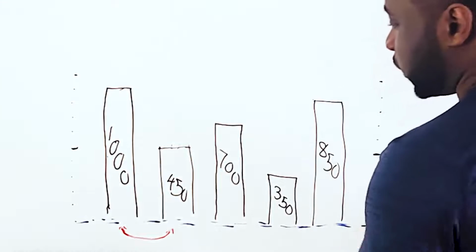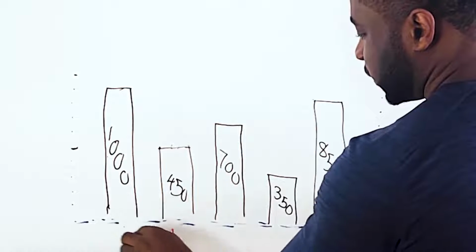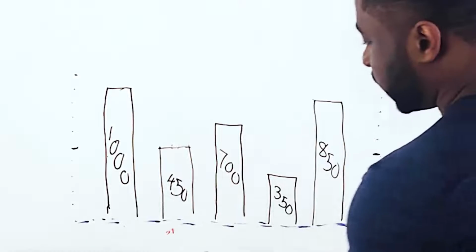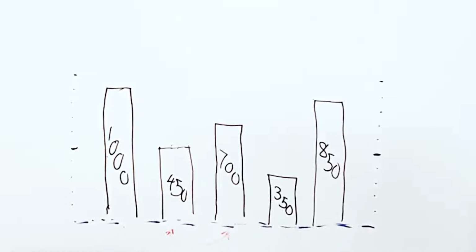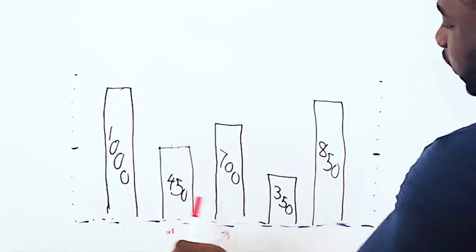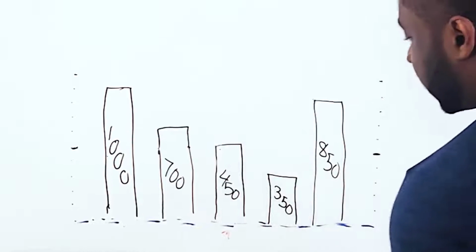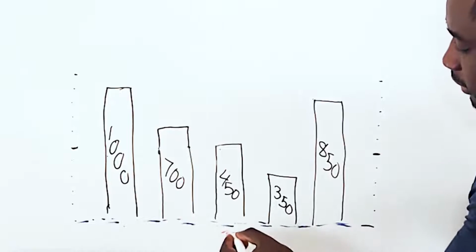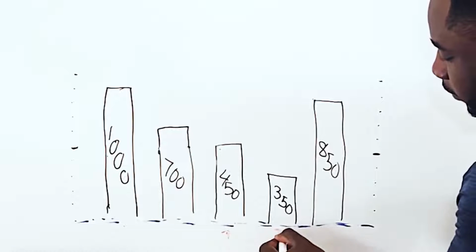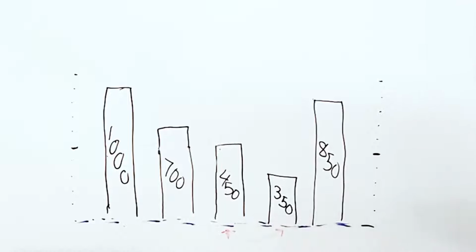So now we're going to go to the next location. We're going to check whether or not 450 is greater than 700. And since it's not, we're going to swap these two. So now that that is done, we're going to go to our next location, which is this one right here. And we're going to do the comparison between these two.